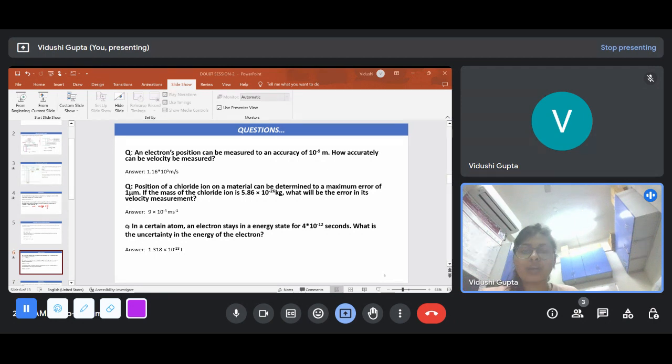As L is equal to R cross P, P will be Px i cap plus Py j cap plus Pz k cap.